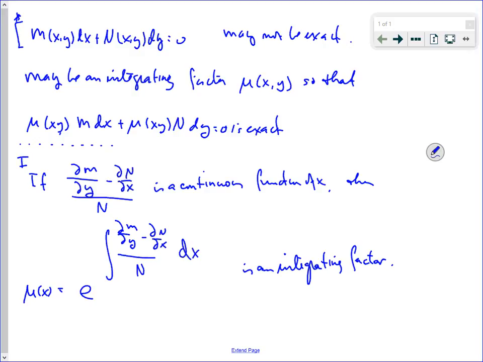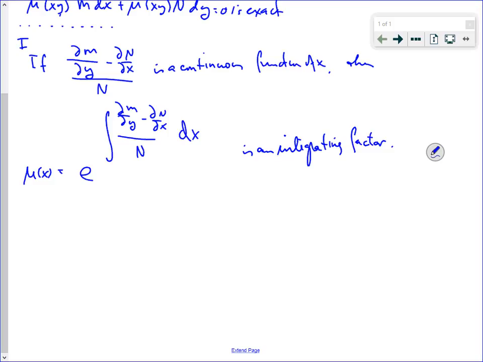Case 2 is going to be the same sort of thing, only reversed, with M instead of N. I can almost write it on the same board. Tell you what, I'll extend the page and write it down here. The second case is turn it around.